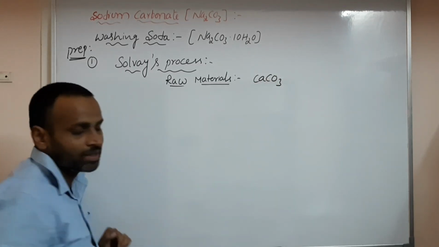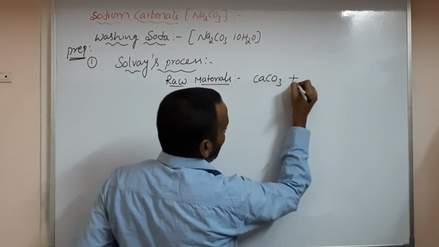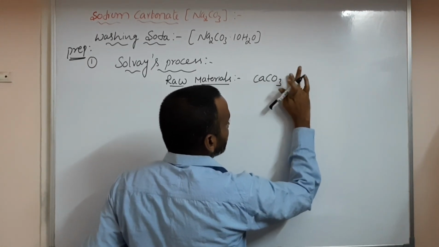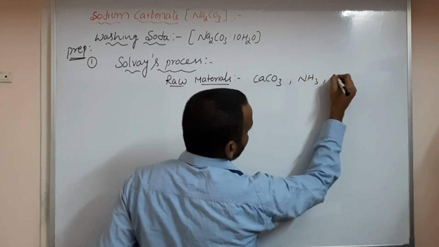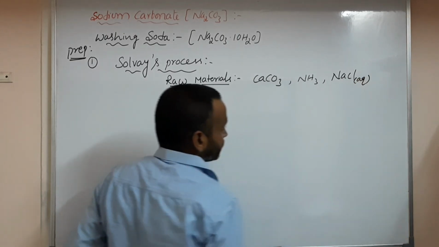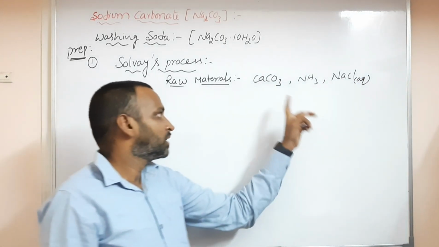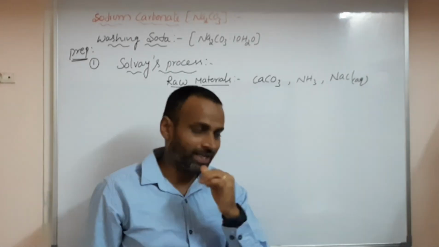CaCO3, limestone, okay, and we will take ammonia and brine solution, actually aqueous NaCl. So CaCO3, ammonia and brine solution we will take.